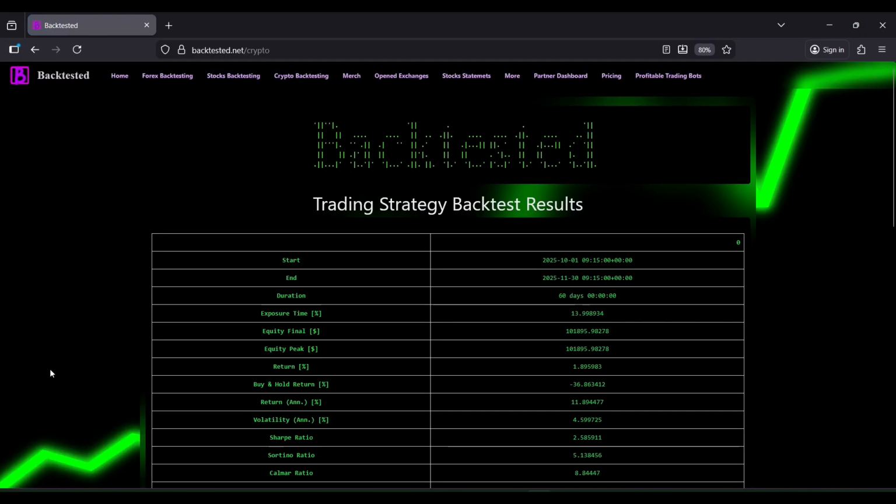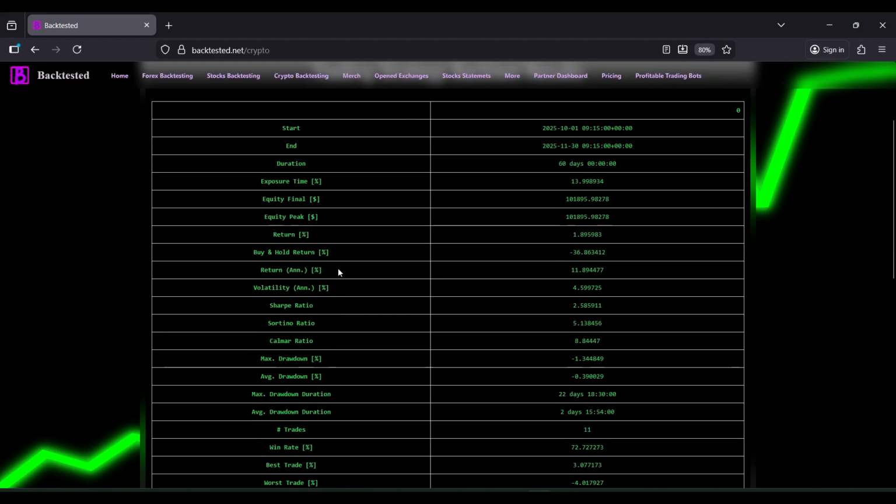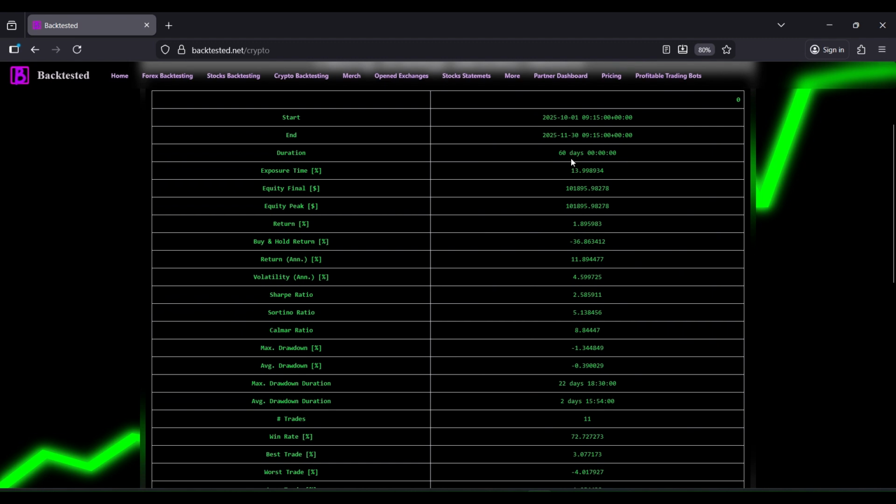Anyways, let's backtest it. Wait for a few seconds and see again. So this is the stats. The return is 1.89. Now we are profitable. This is the buy and hold return. So if you bought the Solana before 60 days, till this day you will be losing minus 36 point, almost minus 37% of the account.